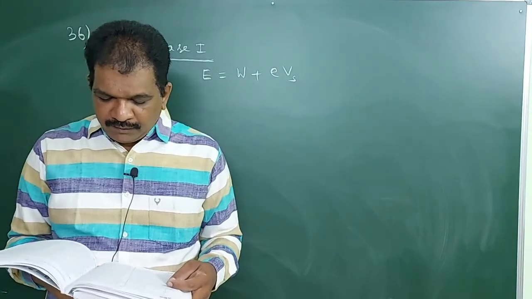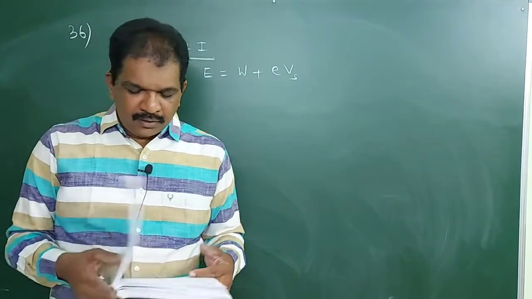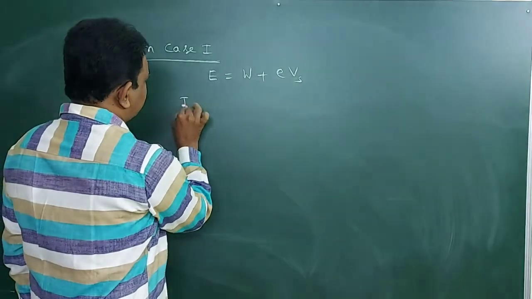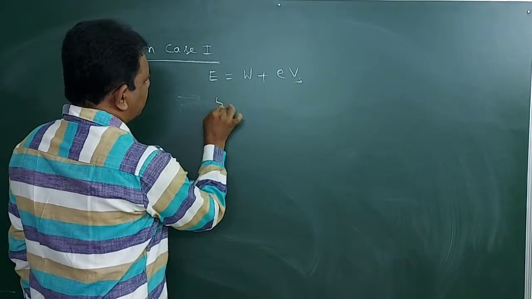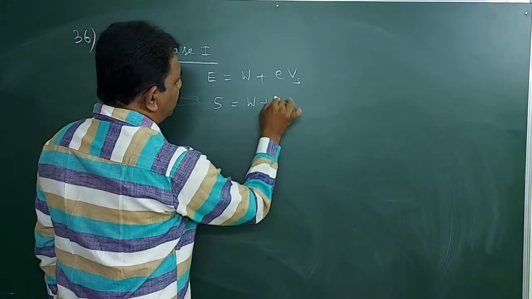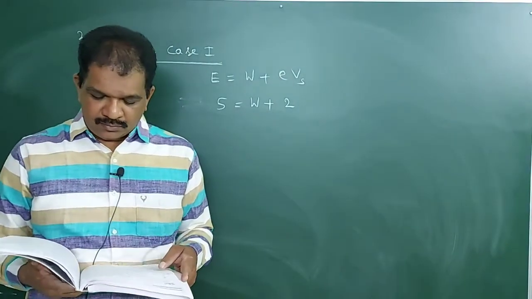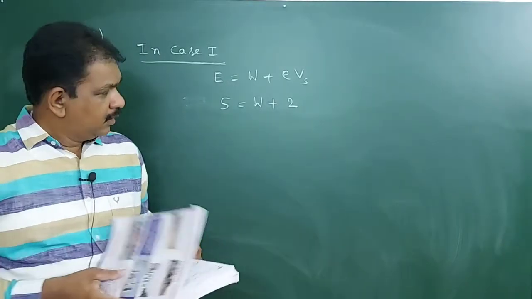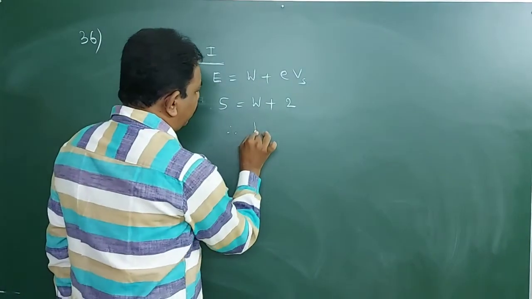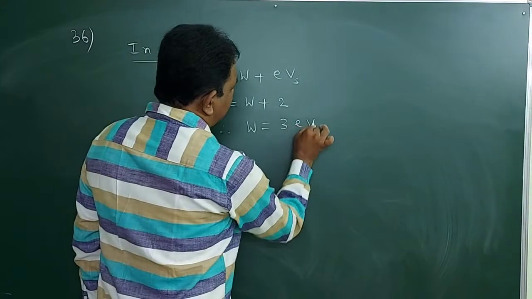Initially 5 eV is incident. W we don't know. They gave 2 eV kinetic energy. So W value will be 3 eV.